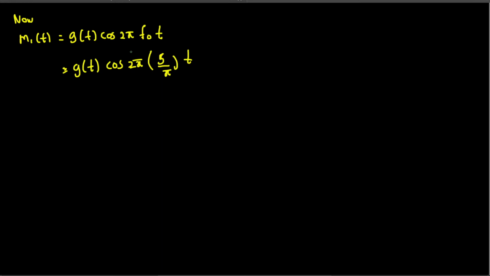Inside the cos function, the π cancels, and we get cos 10t. So this is g(t) cos 10t.